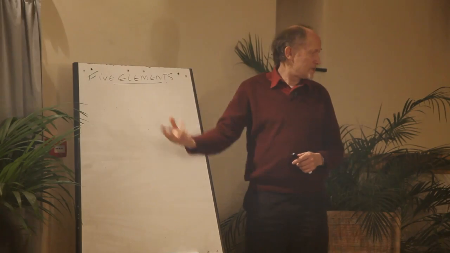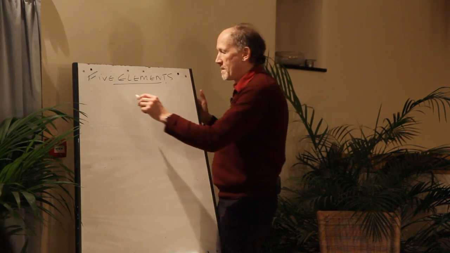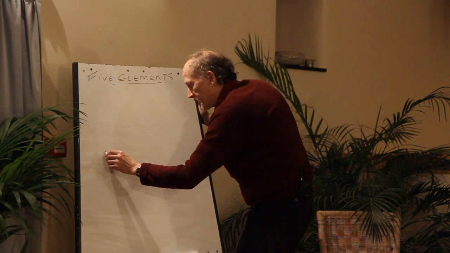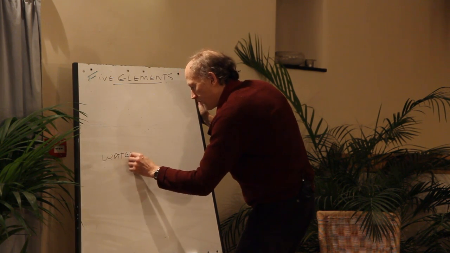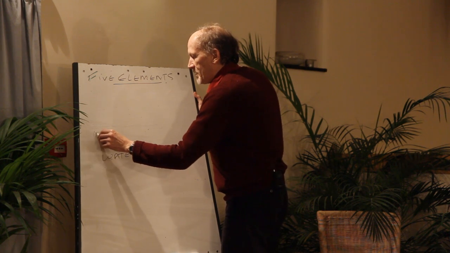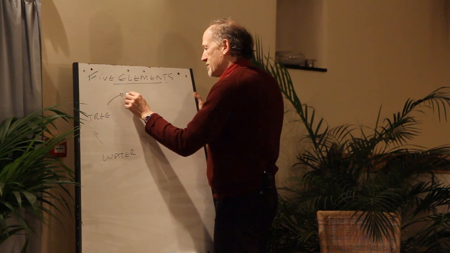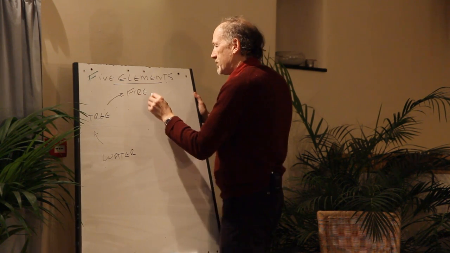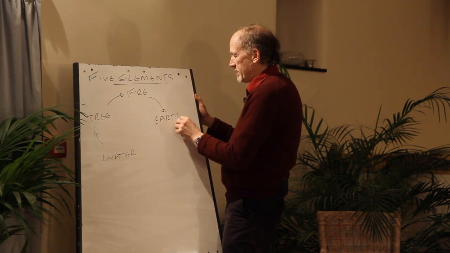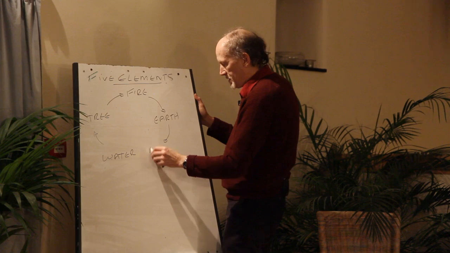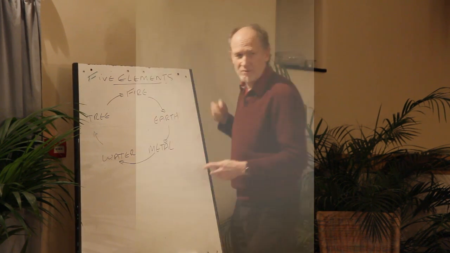So one way of looking at change is that we move through these five elements. Often the origin or the beginning point is seen as being the water energy, which gives rise to the tree energy, and I'll explain why soon, which then gives rise to the fire energy, and that to the earth energy, and that to the metal energy, which then returns to the water energy.